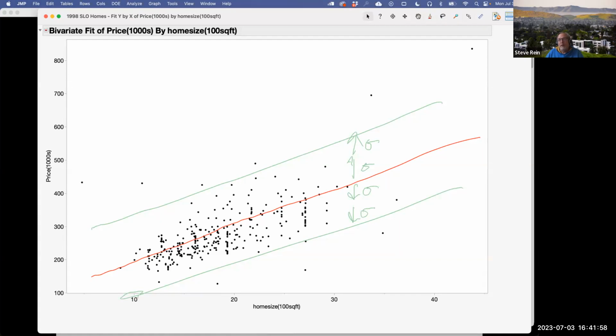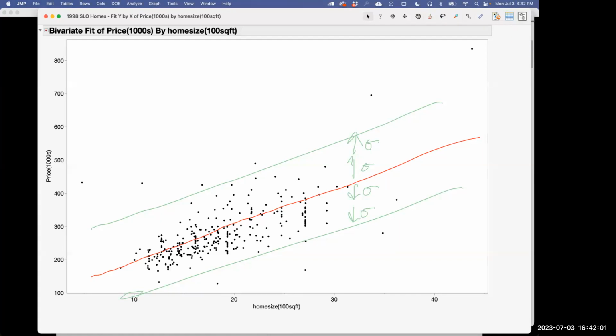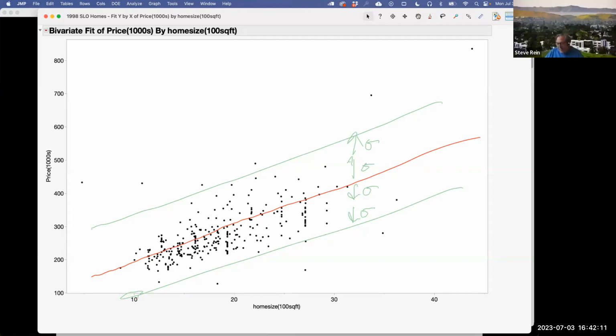So Caroline, does that make more sense? Yeah. Then the one other question is, why do we do 2 up and 2 down there? Yeah, because in a stat class, if you go up and down 2 standard deviations, that captures about 95% of the values.